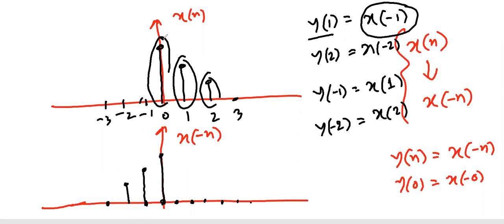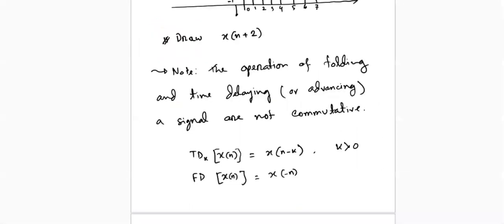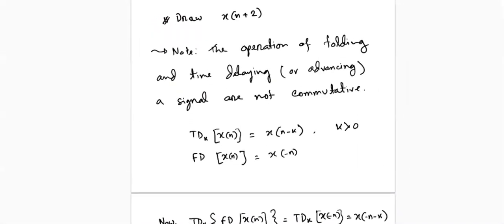Folding means this 0th sample will remain the same, the left side samples will move to the right side, and the right side samples will be moved to the left side. This is the folding operation. Okay, so this is also very important from a future perspective.